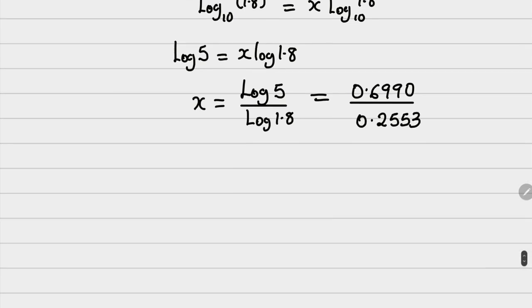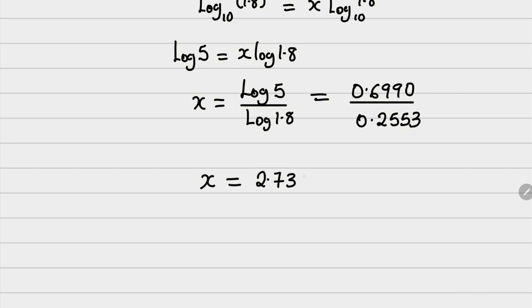This is what I have. Of course, x will now be, once you divide, you are going to get 2.738. So to two decimal places, I can leave it as 2.74. That is the value of my x. So you can actually go back to check.